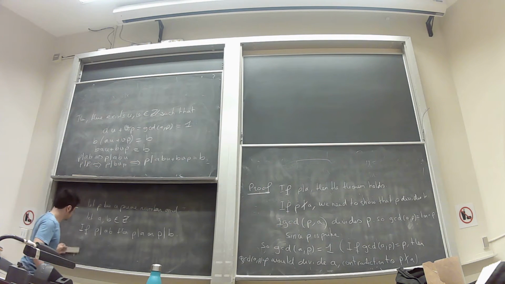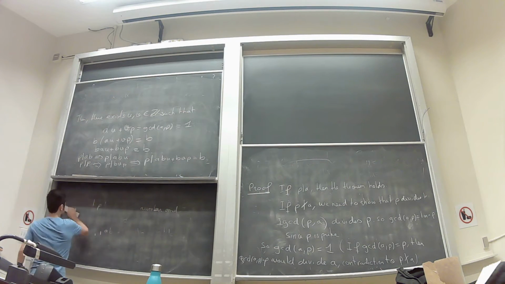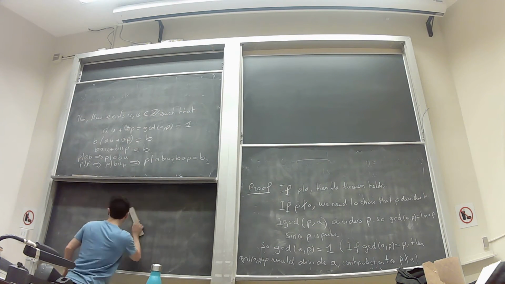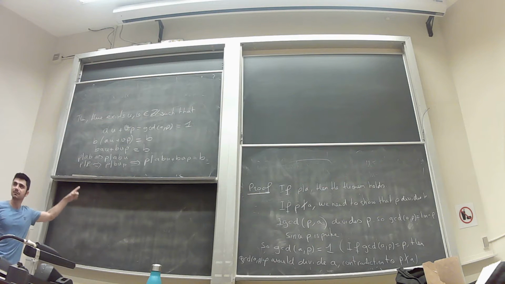Very good. Now corollary, I said corollary. Of course, if P is not prime, then this is not true. I'll let you think of an example. Easy example, don't think too hard. If P is not prime, then this theorem is not true. P equals 4, A and B equal to 2. Very good.